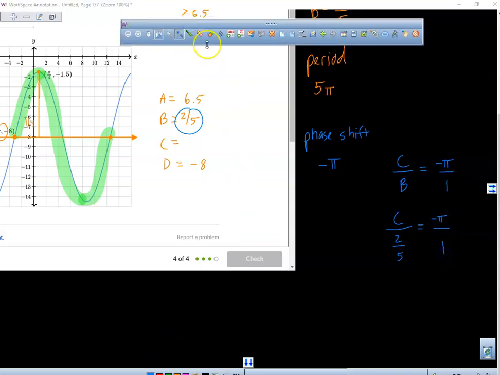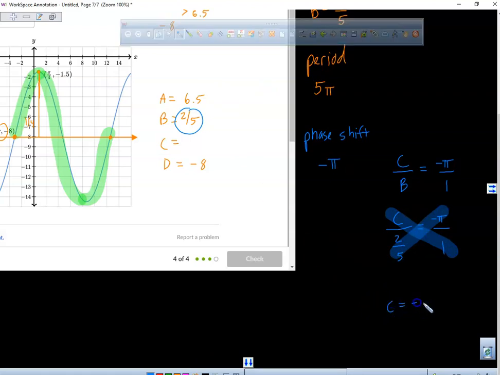Once again, I do my little cross multiplication right here, and my C value is going to equal -2 pi over 5. That's my C value. So I'm going to go ahead and build my function, then I'm going to type it into Desmos, make sure I didn't make any silly mistakes, and I'll be done.